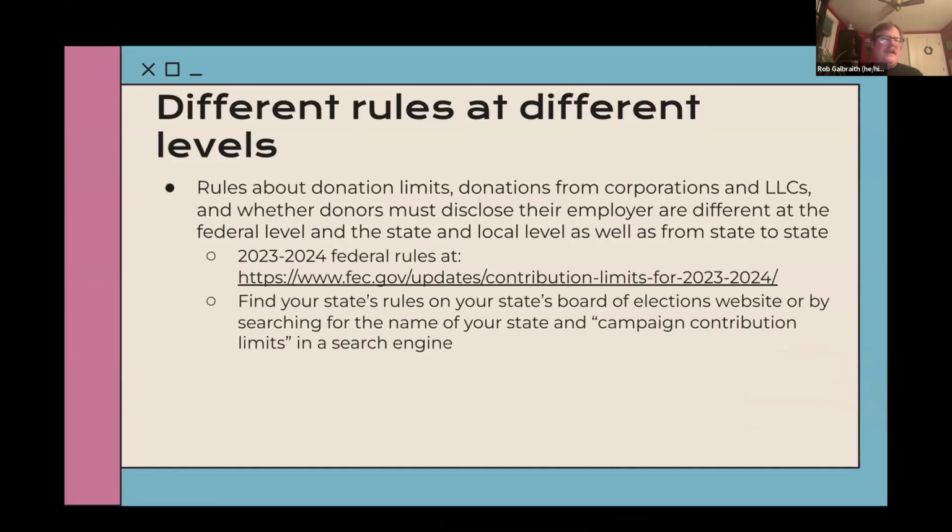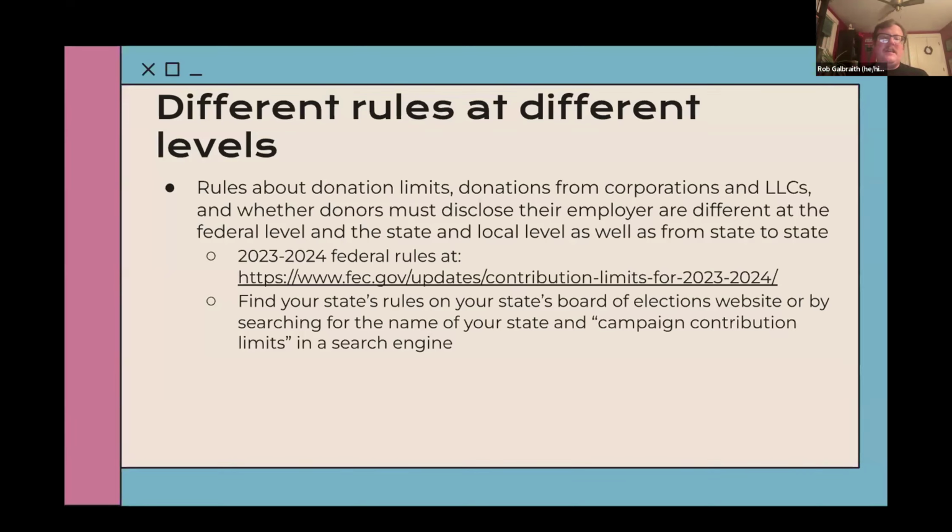The other thing I would say about this is that there's also different calendars for when donations have to be reported. If you'll think back to that FEC database that I was showing, that was showing all the donations that have come in and been processed by the Federal Election Commission as of the most recent filing deadline, which I don't remember offhand when that was. It is different for different races, but also depending on if it is an election year or not.